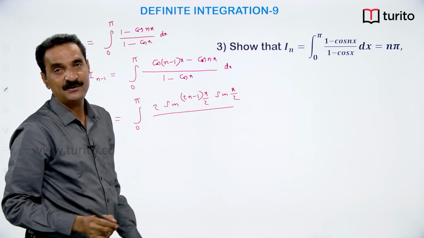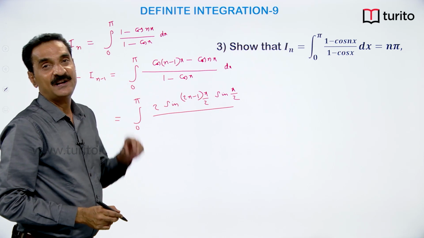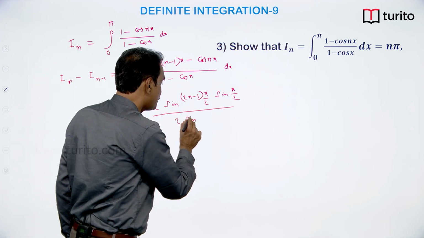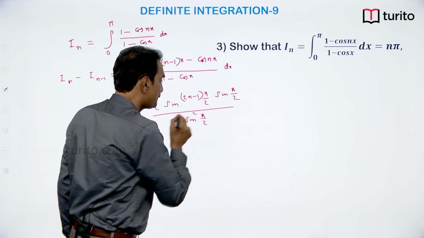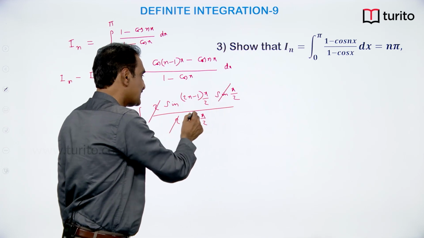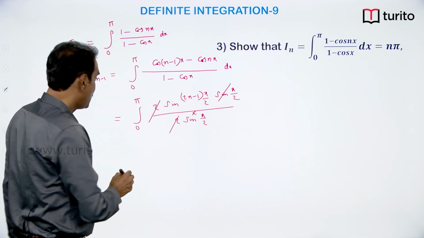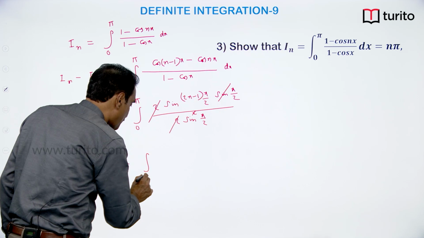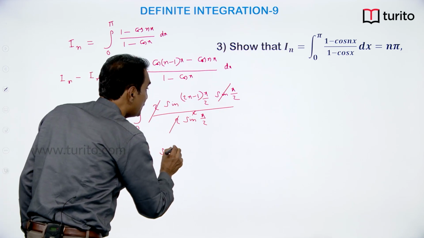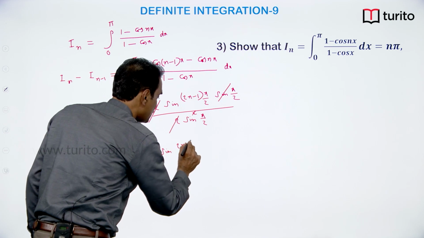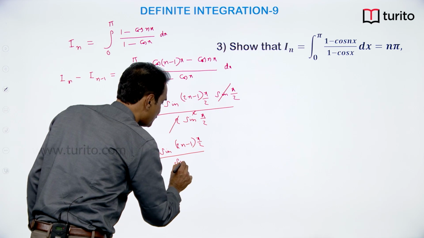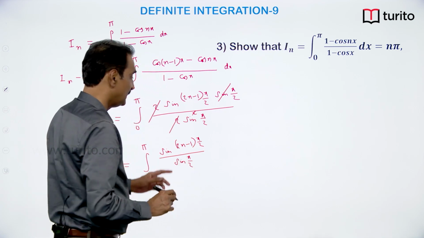Since you got sin x by 2, you write the denominator 1 minus cos x as 2 sin square x by 2. Then 2 cancels, sin x by 2 cancels. So, we got integral 0 to pi of sin ((2n minus 1) into x by 2) by sin x by 2 dx.